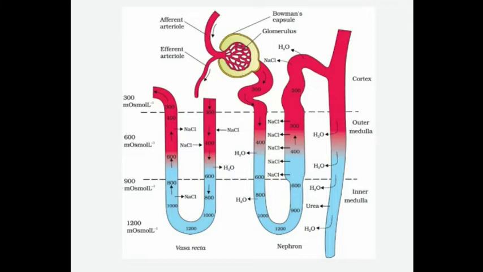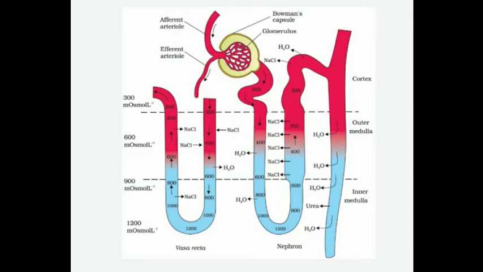This gradient is caused by NaCl and the movement of water. You can see NaCl and water in the picture, and how the movement takes place and what is reabsorbed is shown in the figure. NaCl is transported by the ascending limb of Henle's loop and exchanged with the descending limb of the vasa recta.